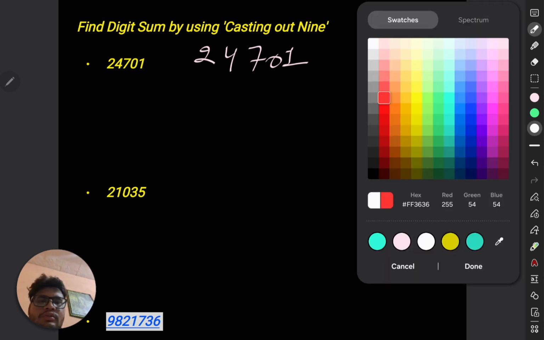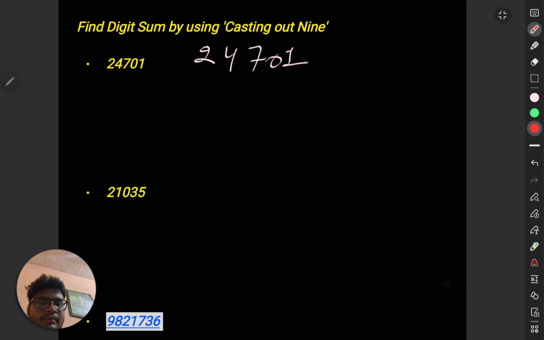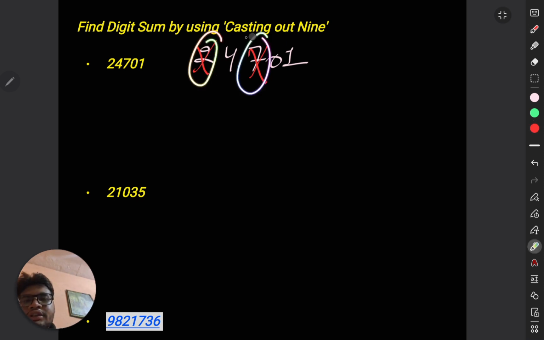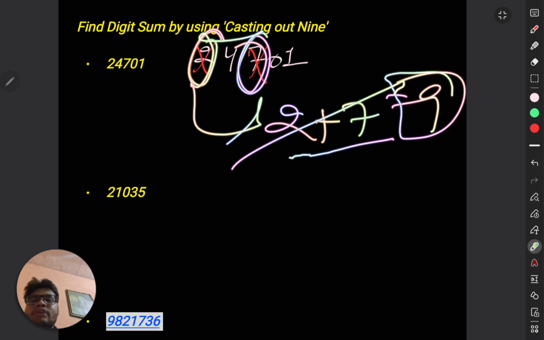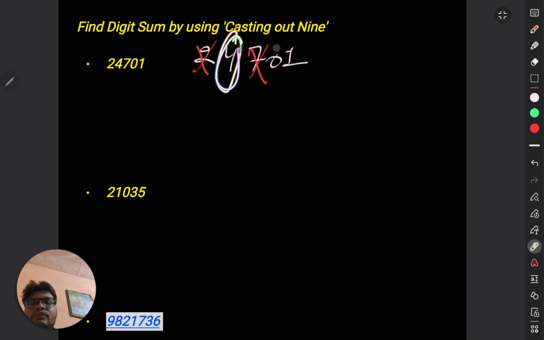Here are 2 and 7. These digits make 9 when we add them, so we cast out these numbers, and the remaining numbers are 4, 0, 1.